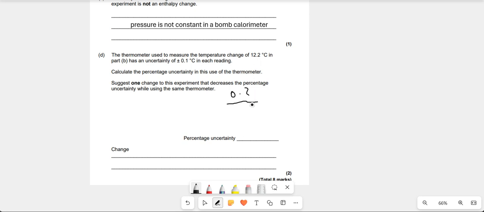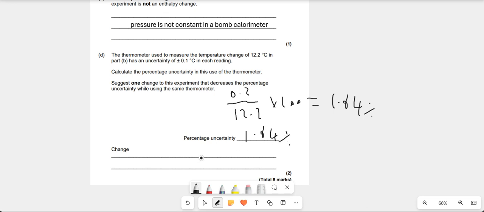Does that make sense? On a ruler, let's say, you still have to take 2 readings. Whenever you measure something, you always have to take 2 readings. So 0.2, divided by the temperature change, which is 12.2, then times 100. That's going to give you 1.64.